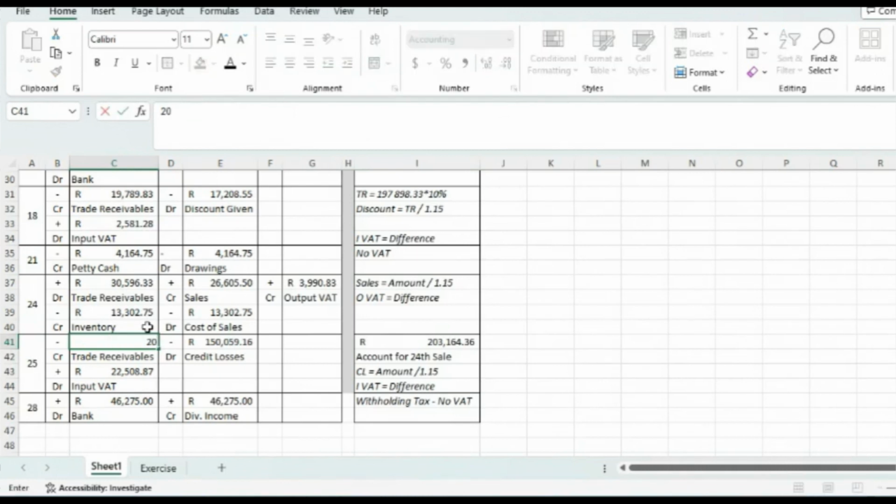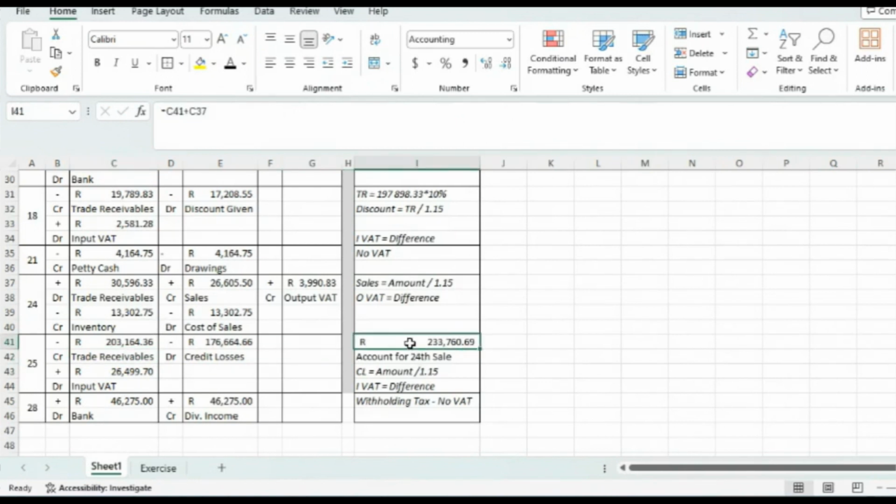So it is 203,164.36. And now it means I will have to change some of the other PDF documents as well. But I think what will happen is everything else will just return a result. Now, this was not very clever what I did here. Okay, let me say what I'm going to do.